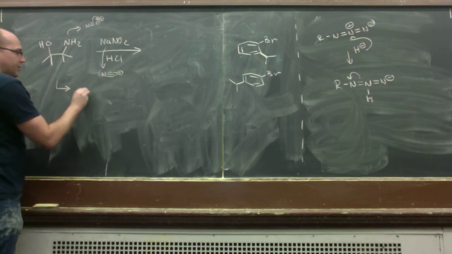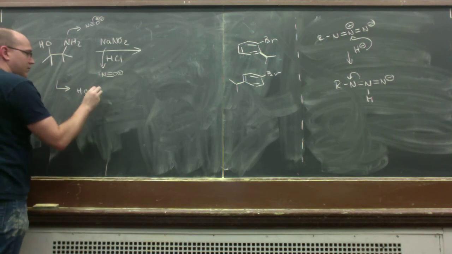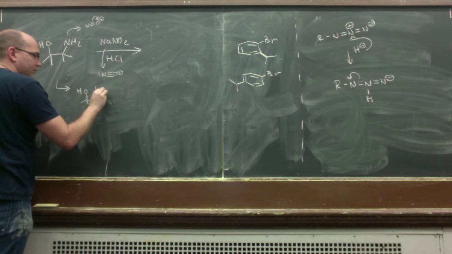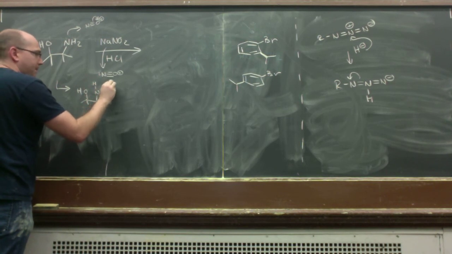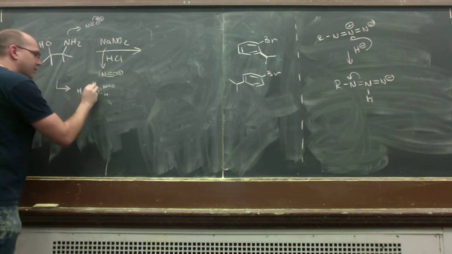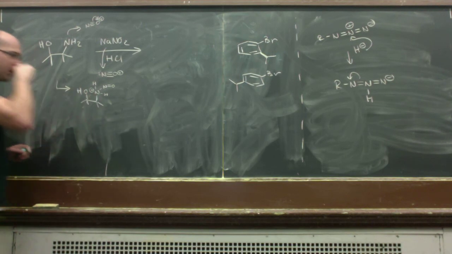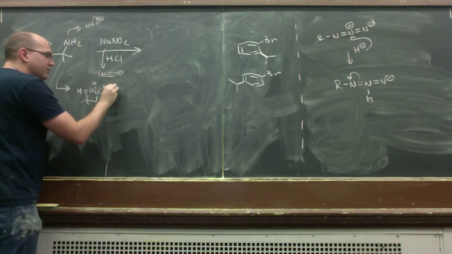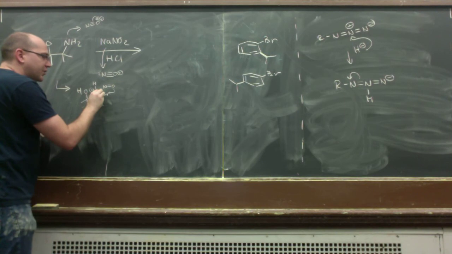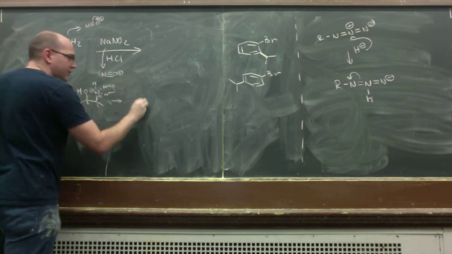And you're going to get to this intermediate here. It's going to have a positive charge on it. Okay. Then what's going to happen is a series of proton exchanges. So we're going to proton exchange over onto this oxygen.